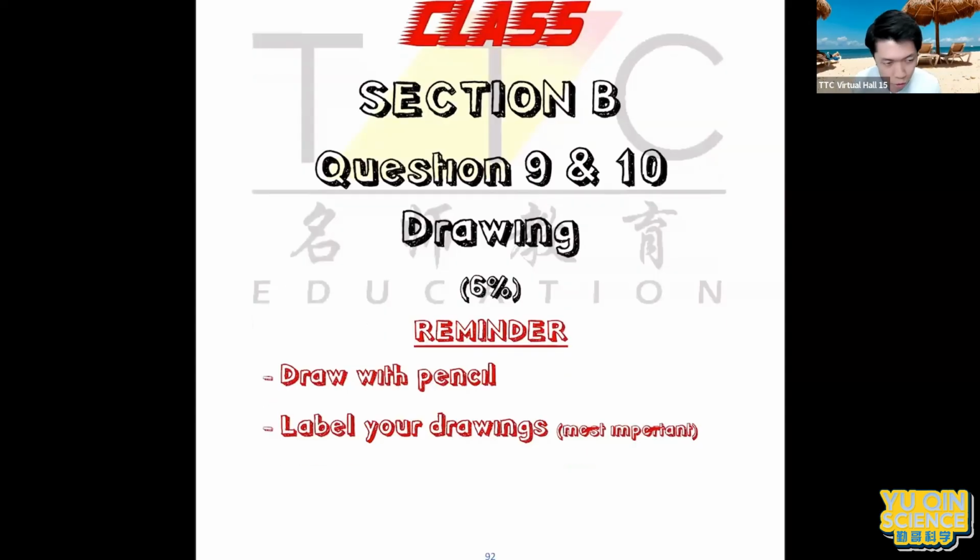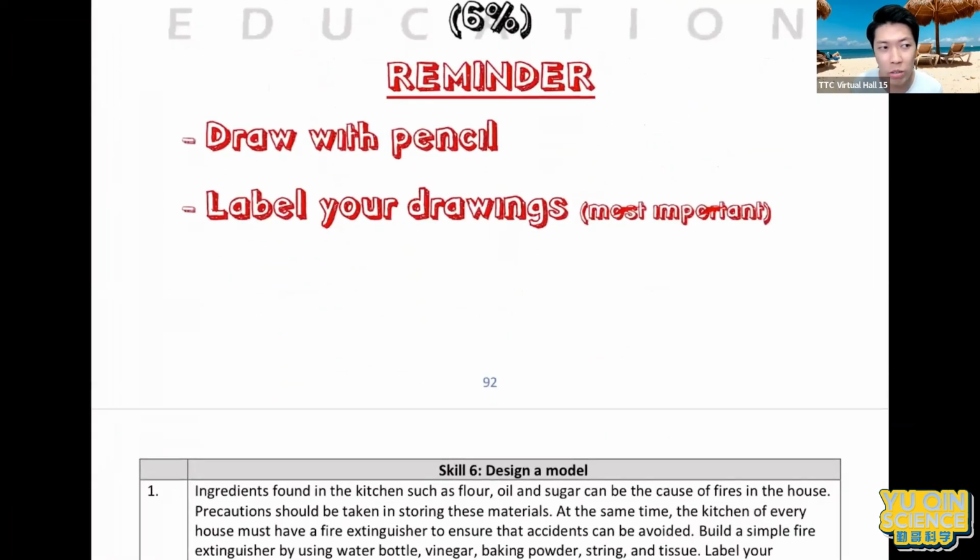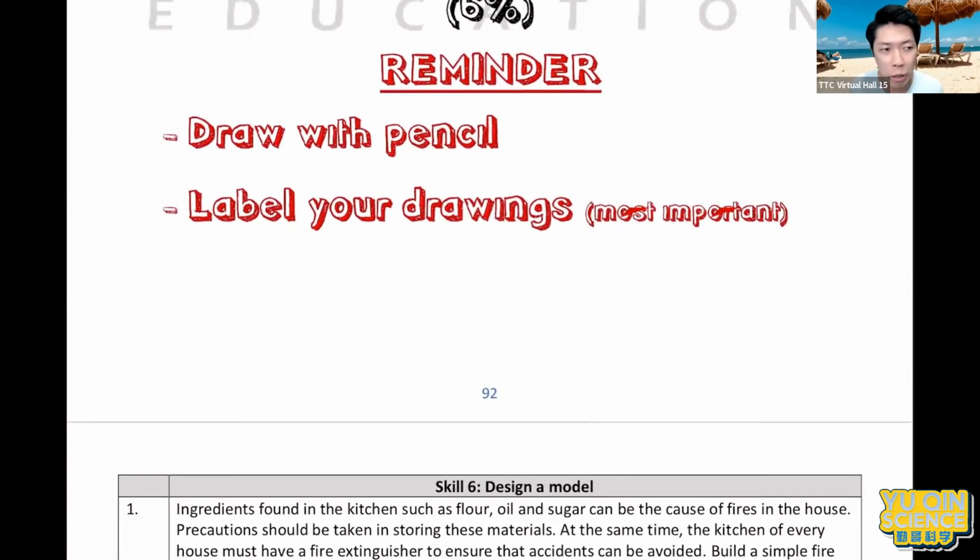Little reminder for you, please draw with pencil or mechanical pencil and label your drawings. Must label your drawings. And most importantly, make sure you label at least 3 and above. No matter how difficult the question is, try to label minimum 3 and above, but please do all of them if you can.